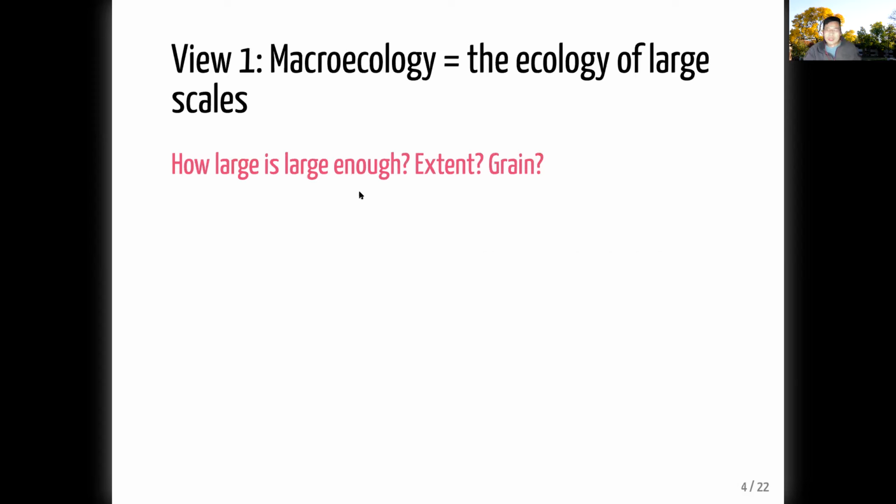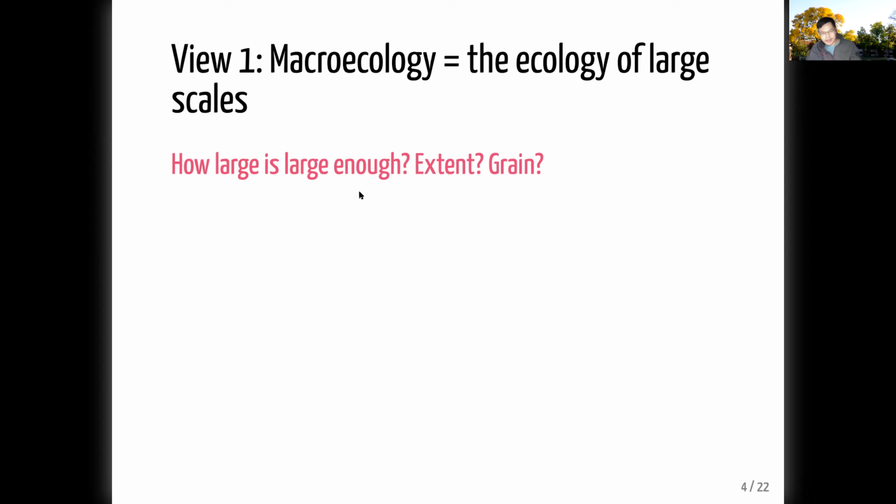So the first view is that macroecology is equal to the ecology of large scales, but this is sort of vague because how large is large enough? And we also know that when we talk about scales, we have the extent and the grain.